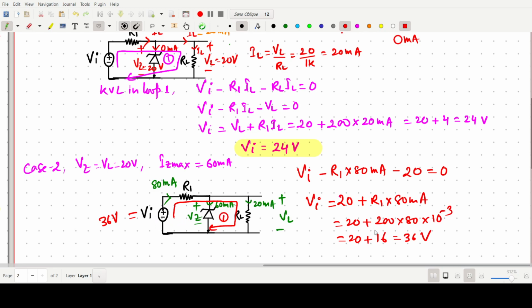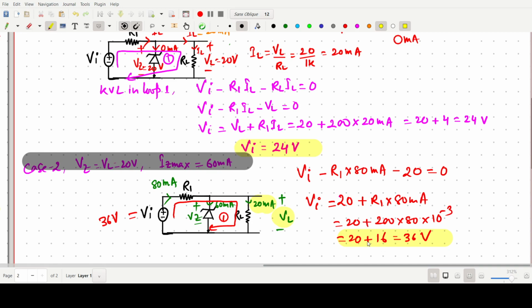So Vi will be 36 volt when the maximum current of 60 milliampere is flowing across the Zener, and Vz will be the same because we have to keep a constant voltage across the load. So the load current is 20 milliampere and VL will be 20 volt.